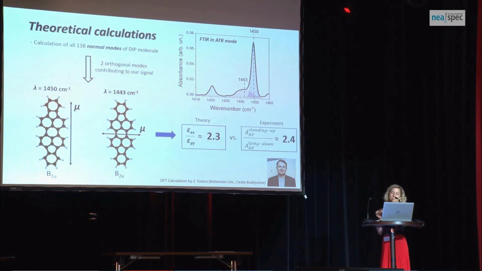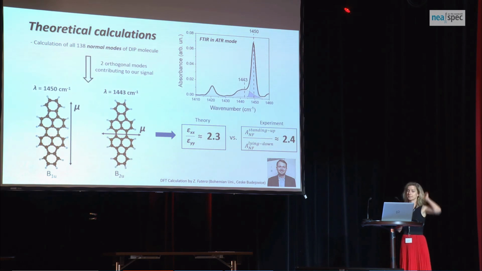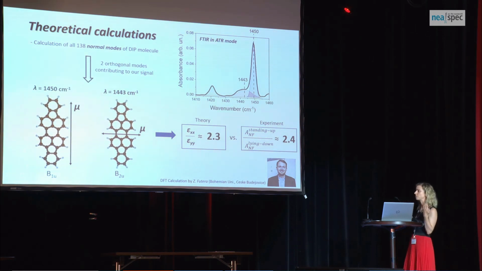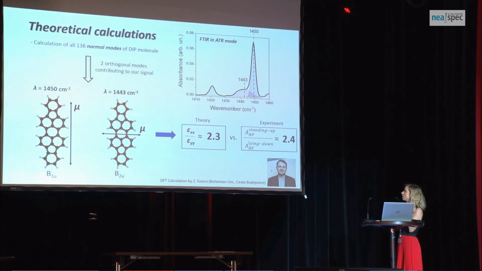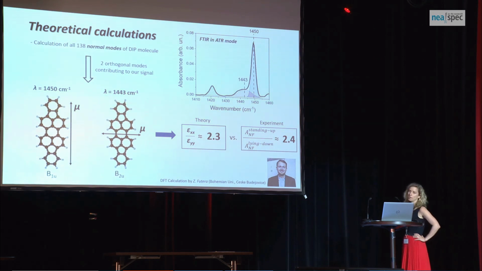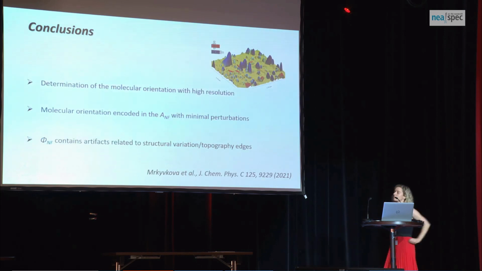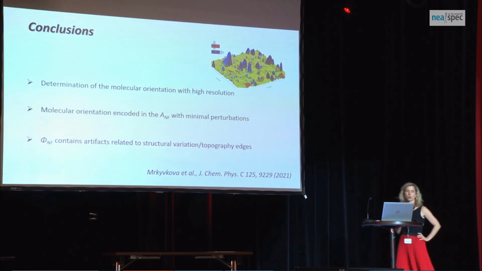And we were able to calculate the dielectric function, where the diagonal components are proportional to the orientation of the molecules with the incoming field. So when we calculated the ratio between the dielectric function X and dielectric function Y, we could obtain a good agreement with our experimental results.